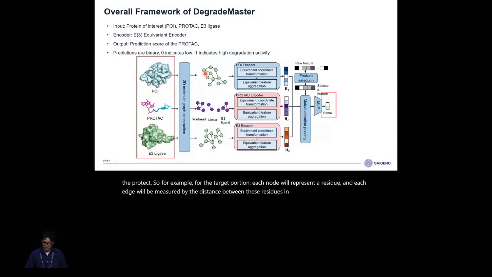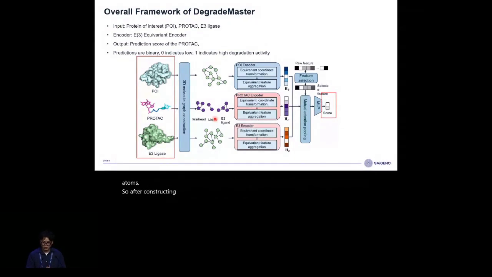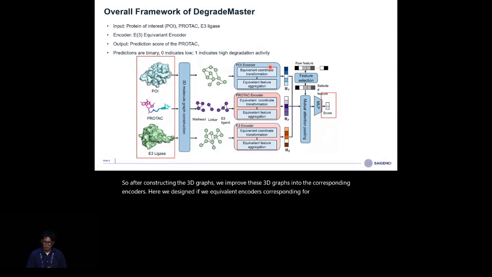And for the PROTAC, we use the node to represent the atom, and the edge will be the chemical bonds between these atoms. So after constructing the 3D graphs, we input these 3D graphs into the corresponding encoders. Here, we designed E3 equivariant encoders corresponding to each 3D graph, which can capture the 3D structure information of these graphs.